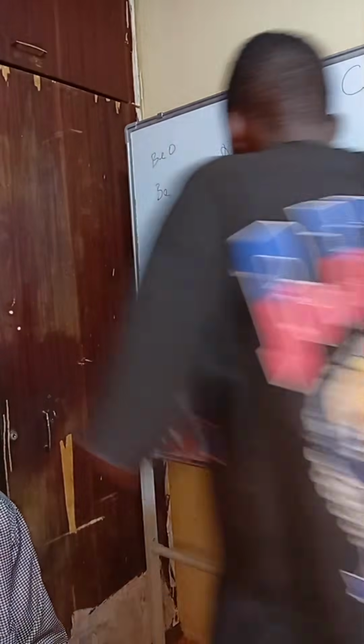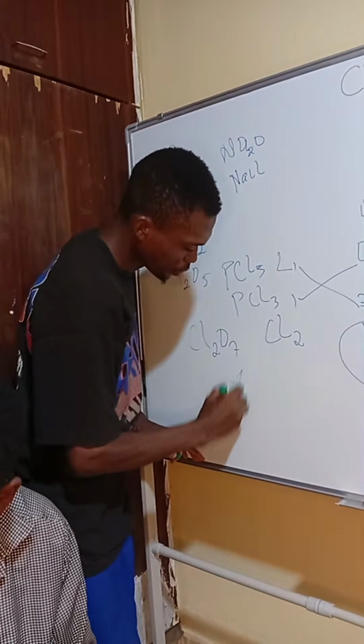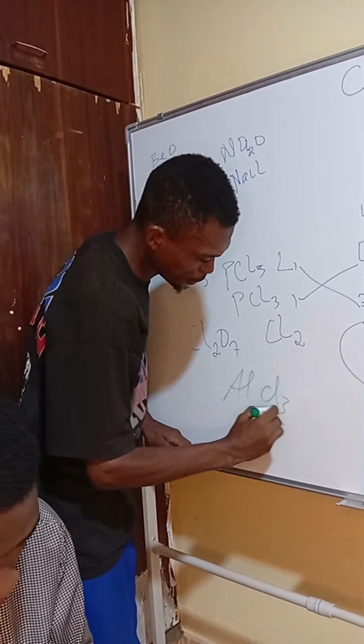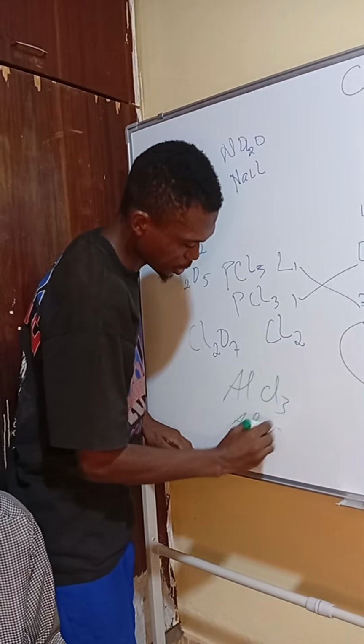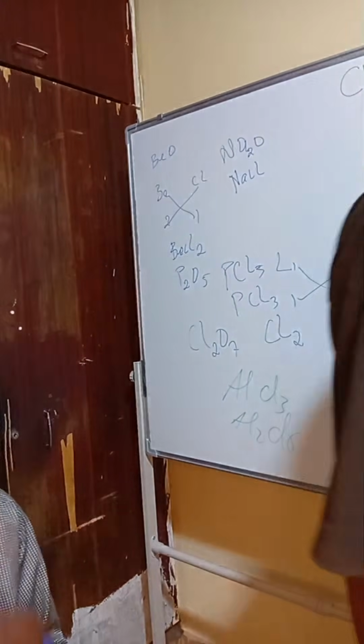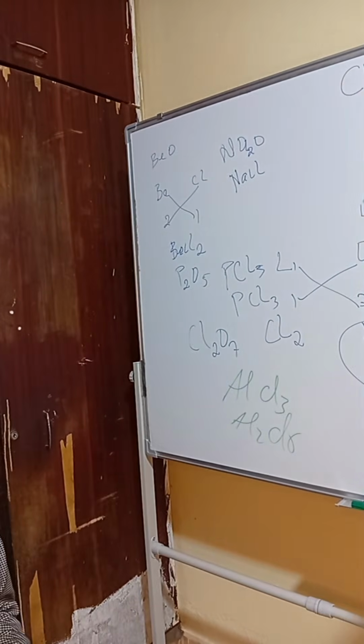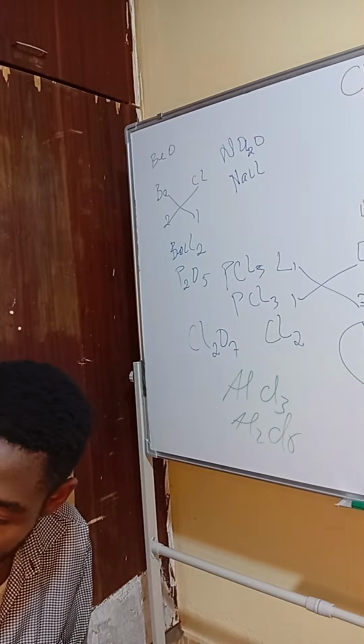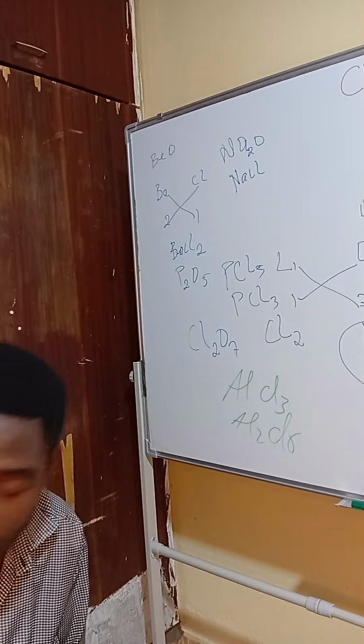AlCl3, Al2Cl6. So that's a trick. So don't go and choose anything in that place, and come and say tomorrow we did not teach you. Now draw the structure of the dimer.